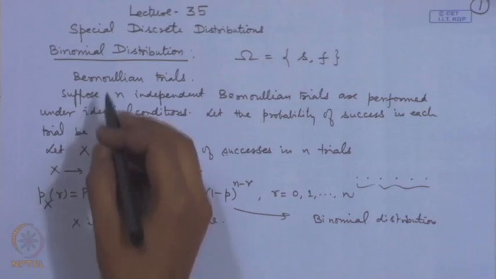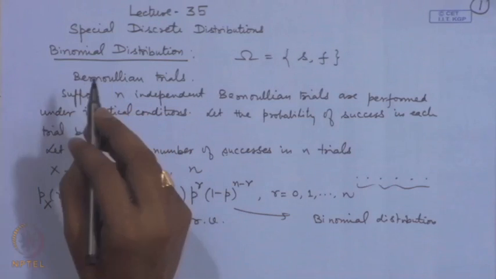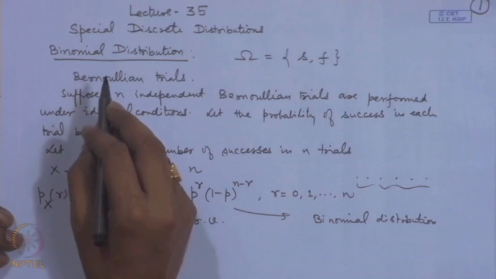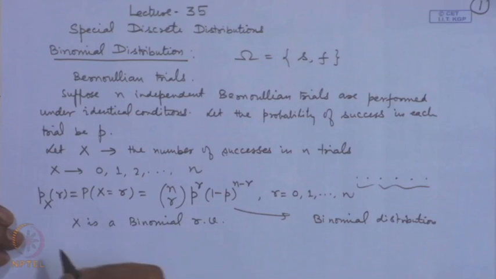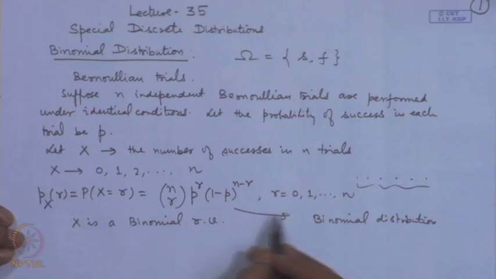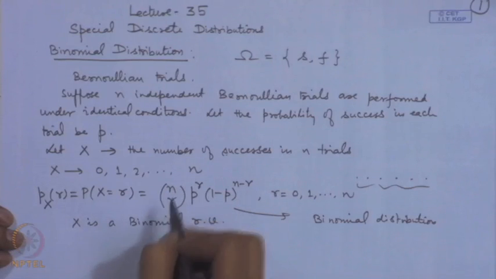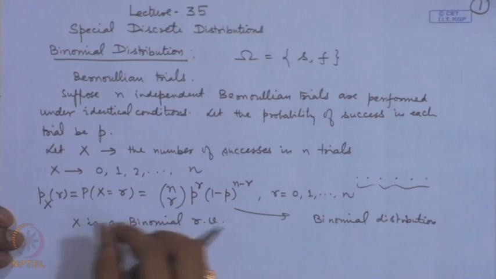Now, these Bernoulli trials are named after the mathematician James Bernoulli, because he was the first one who described this experiment. The name binomial distribution has come because of the use of the binomial coefficients.